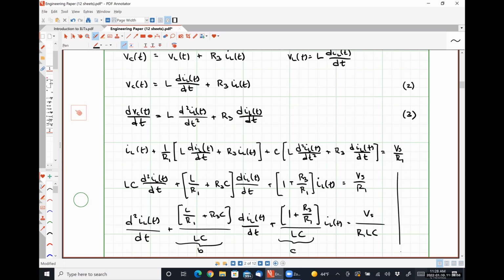So I get B is equal to 7.25. C is 1 plus R3, so that's 1 plus 12 over 4 divided by L times C.